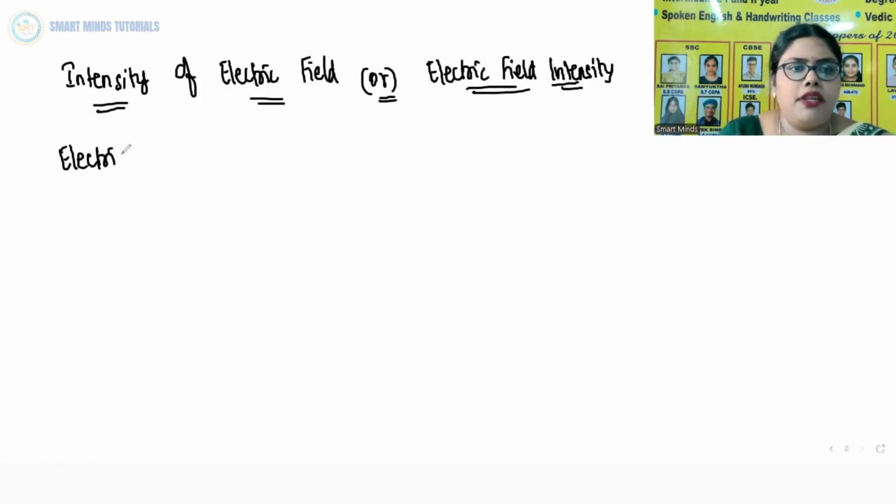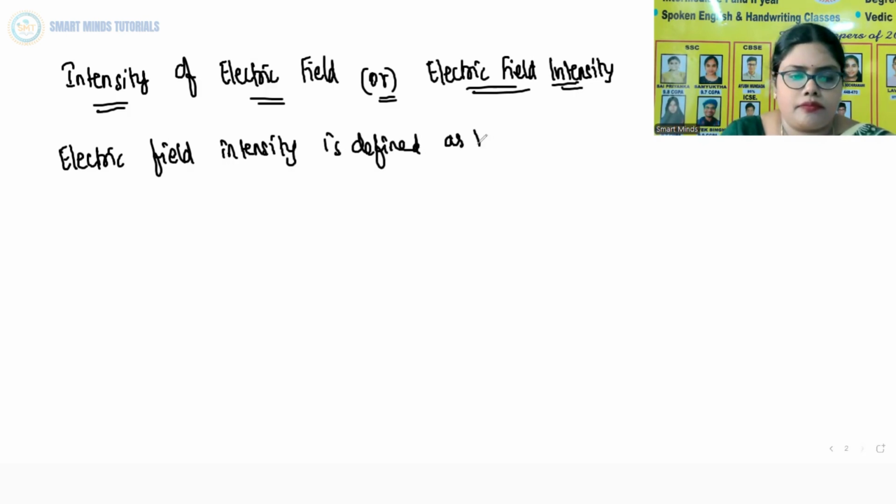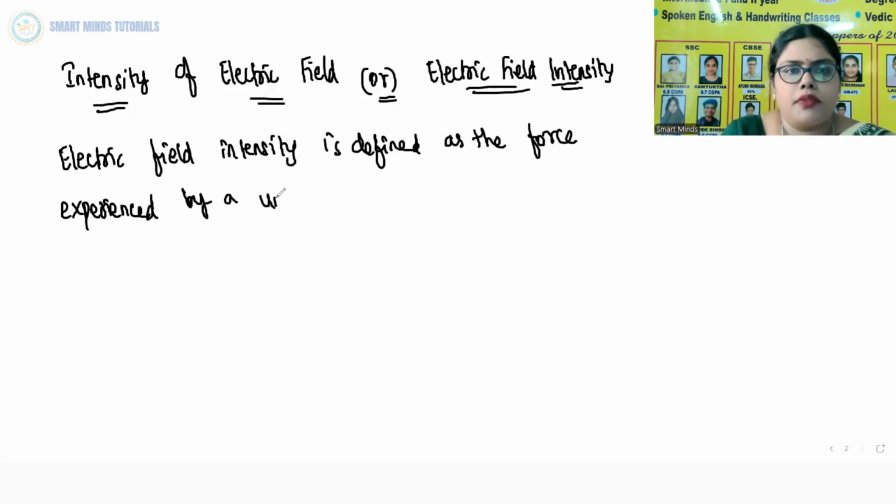Electric field intensity is defined as the force experienced by a unit positive charge placed at that point.